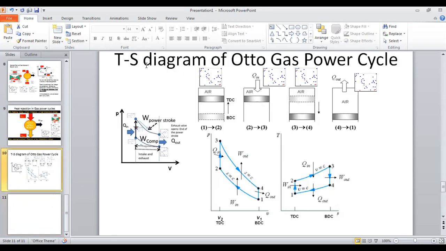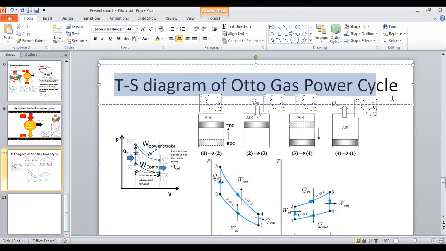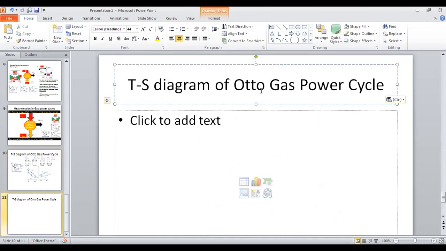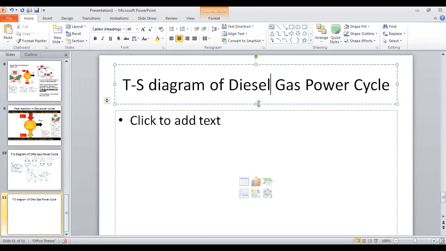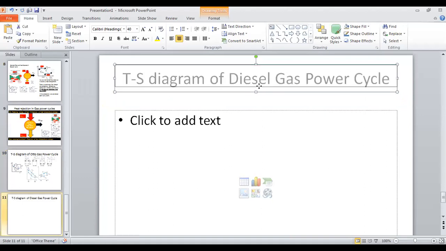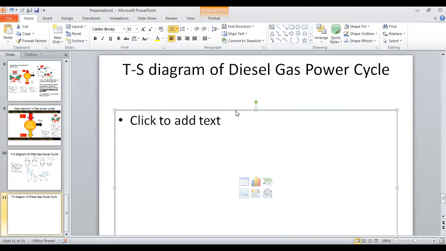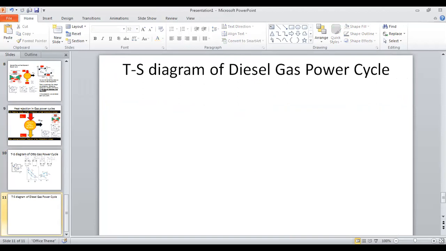Okay, next we will look into the TS diagram of the diesel cycle, the diesel gas power cycle. In the exam, instead of diesel cycle, I may put diesel gas power cycle. So let me take it from the previous notes.